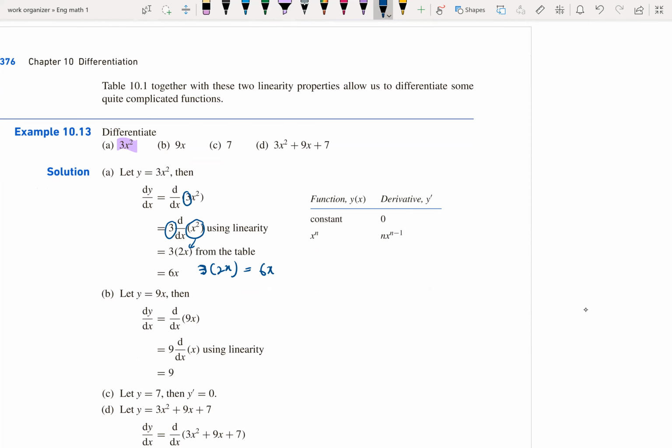For this case also, it is a constant, but there's no x, so it will become 0. Then we differentiate each term, and remember, we bring the constant to the front.